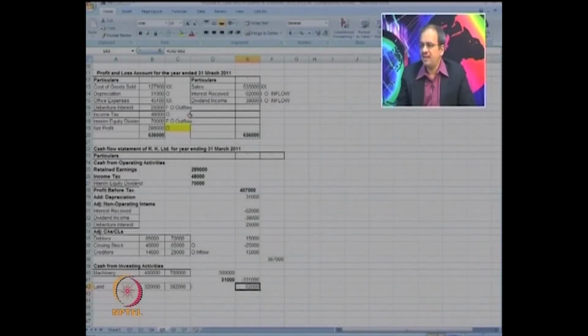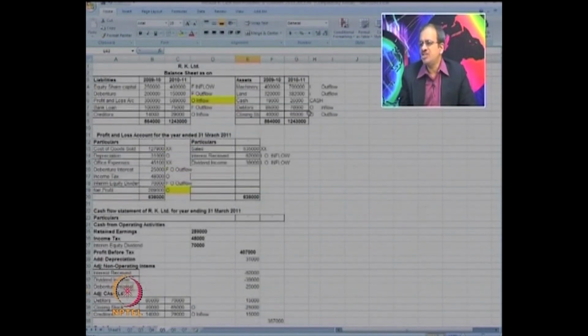So land increase is an outflow. Okay, so minus 62 has come because it's an outflow. Now take a look at the balance sheet. All the items are, I think, covered. Balance sheet items, nothing of I has remained.